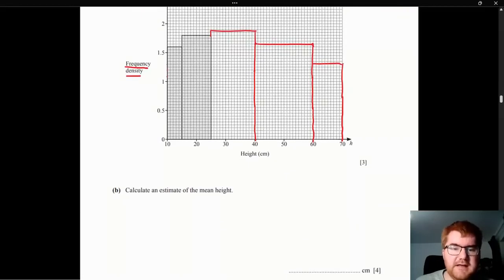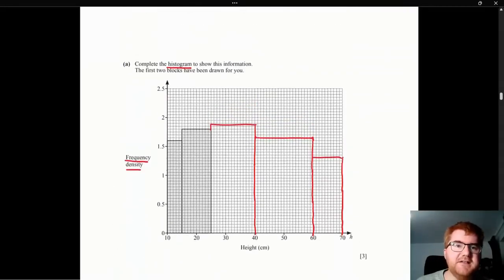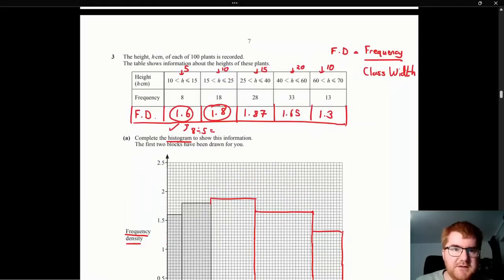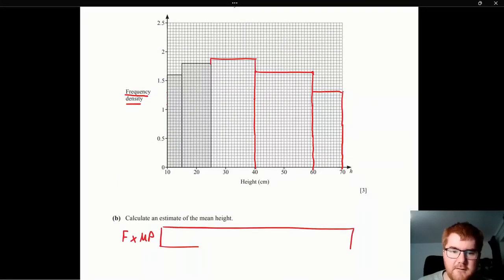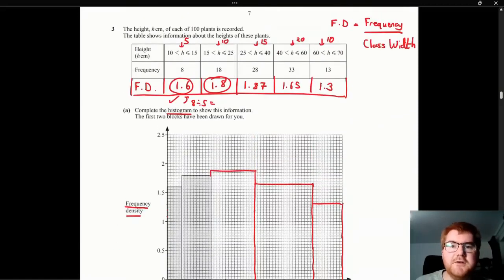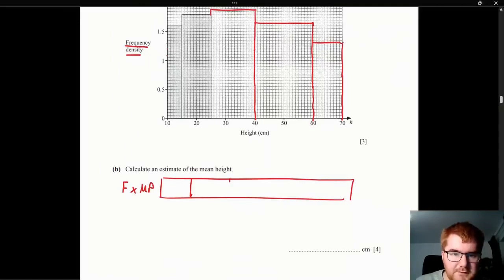After this, we need to work out an estimate for the mean height. So the way that we do this is we work out frequency times midpoint. So I'm going to create a new column here to represent what we have and pop this in. So let's have a look. We've got 1, 2, 3, 4, 5.